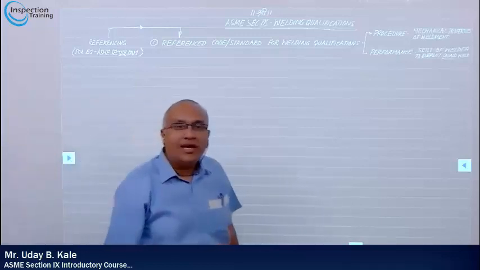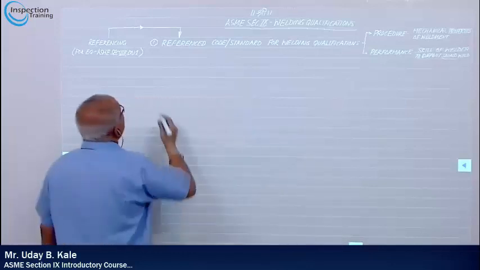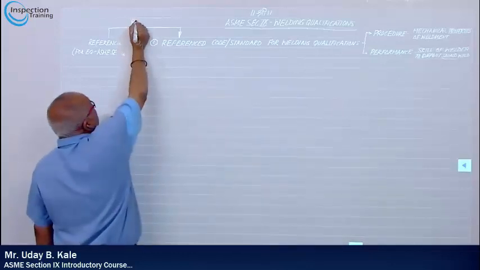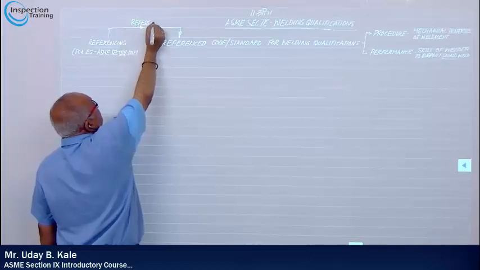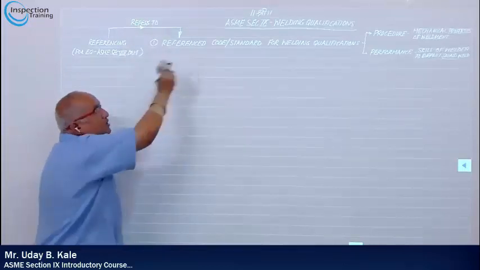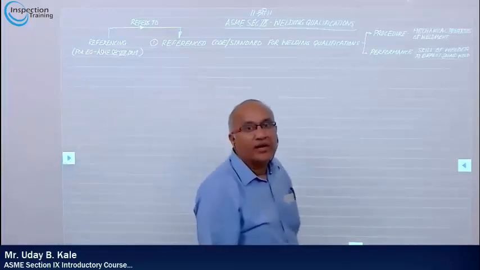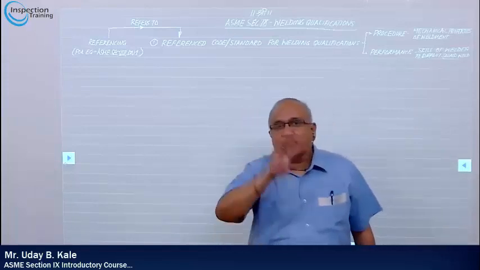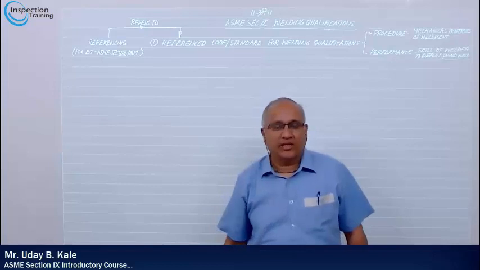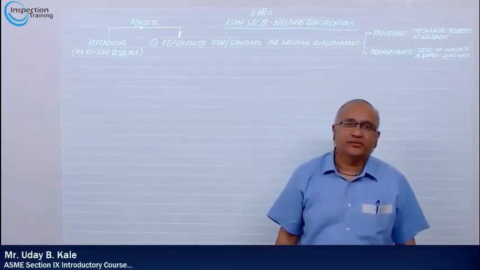In welding, it refers to the referenced document. So a referencing code or standard always refers to a referenced code or standard. You must understand these two things as well. Let us go ahead.